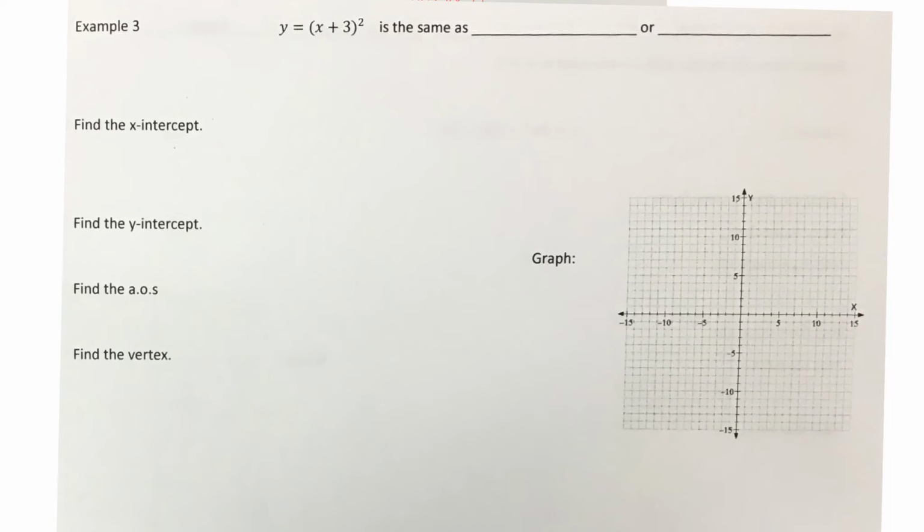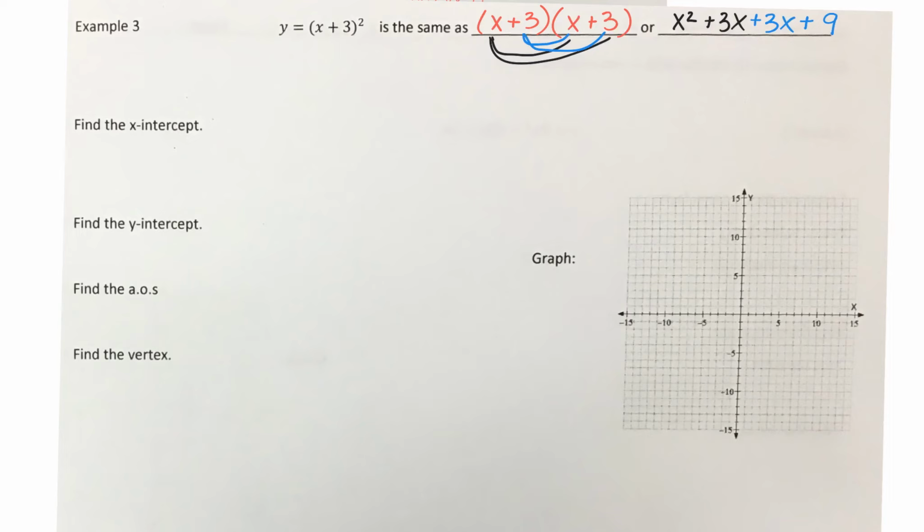So that's the same as writing (x + 3) times (x + 3). Or I could multiply that even further: x times x is x squared, x times 3 is 3x, keep going, 3 times x is 3x, and 3 times 3 is 9.